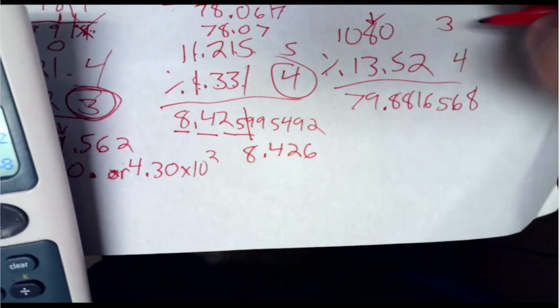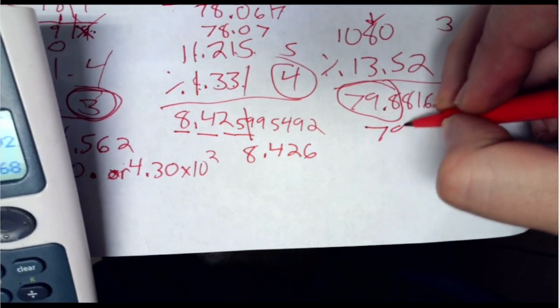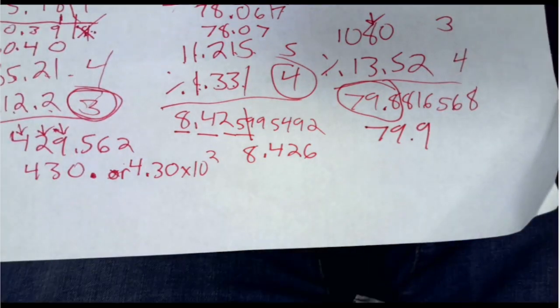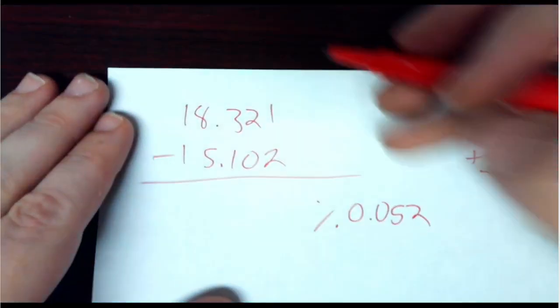And so I must round it to 3 places. So it becomes 79.9. All that's well and good. That's easy enough if you understand. Not always easy to understand, mind you, but easy enough.